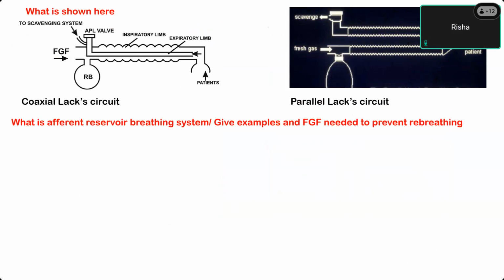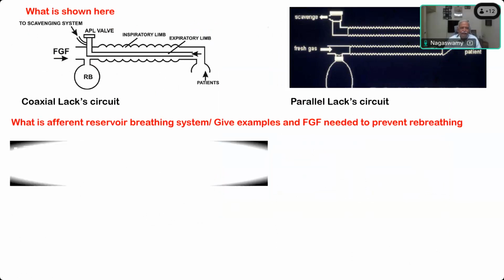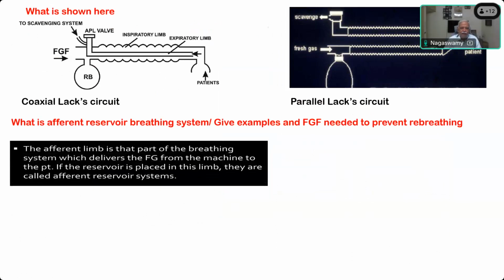Going away, going towards, isn't it? The afferent limb is that part of the breathing system which delivers the fresh gas flow from the machine to the patient. If the reservoir is placed in this limb, they are called afferent reservoir systems. That is, if the reservoir bag is kept in the tube which is delivering the fresh gas flow to the patient, it is called an afferent reservoir breathing system.